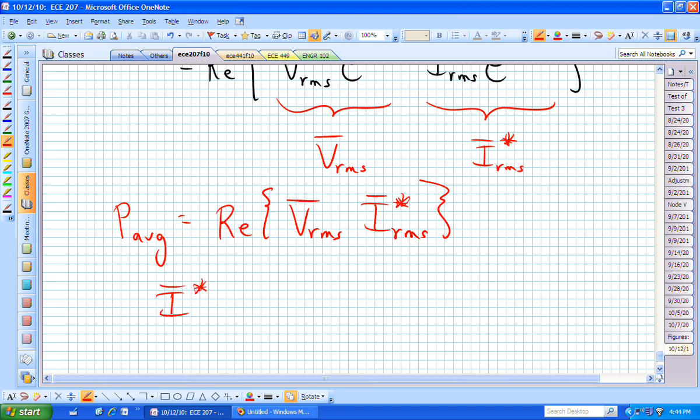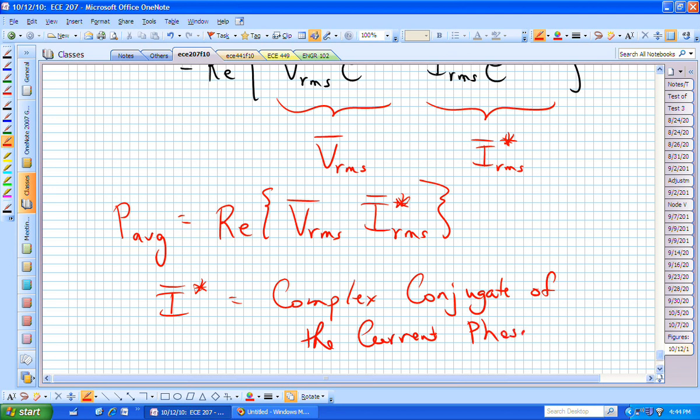Meaning this I bar star is the complex conjugate of the current phasor.